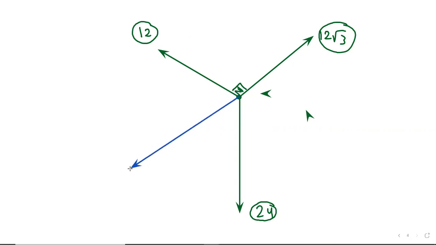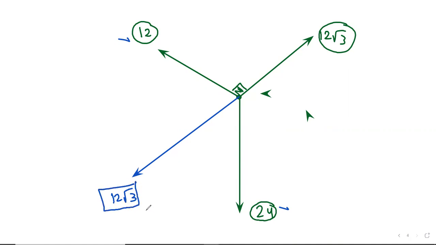So the resultant of the two forces, 12 and 24, is 12 root 3. Why is that? Because the three forces are balanced. I want to find the angle between them.